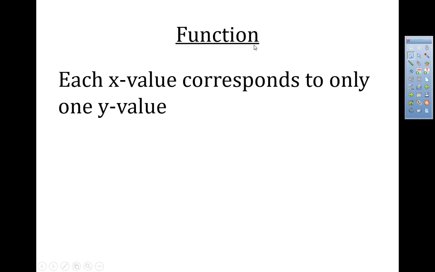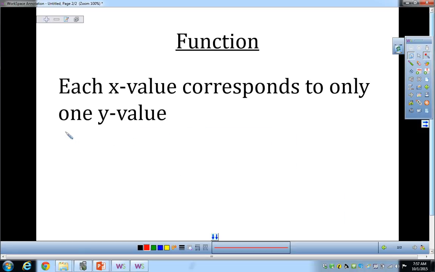So what makes a function a function? For each x value, there is exactly one y value. For every x value, there's exactly one y value. That's part of what makes a function a function.